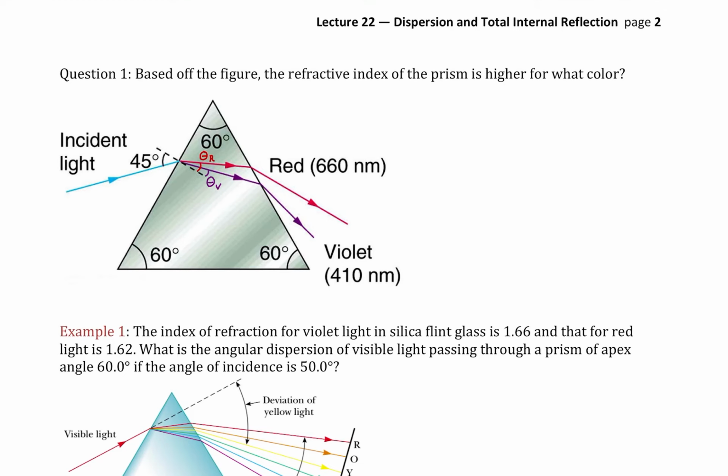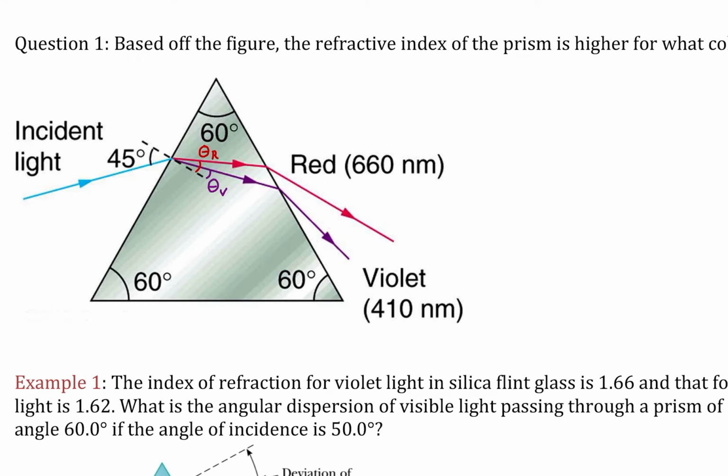Well, if you look here, we can look at the angles. 45 degrees would be the angle of incidence. And which one is bent more towards the normal? Well, the violet light is. The violet light is bent more towards the normal than the red light. They both have a smaller angle of refraction than their angle of incidence, which makes sense because they went from air to glass or something.